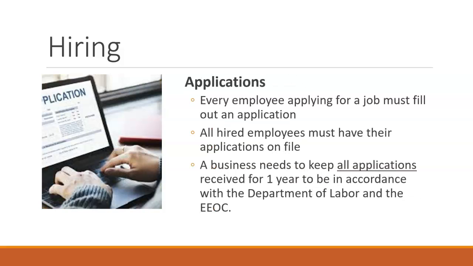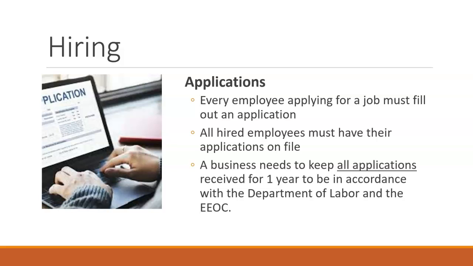Application process: every employee that comes and seeks employment in your establishment has to fill out an application. This is legal because according to the Department of Labor and the EEOC, the Equal Employment Opportunity Commission, every establishment has to hold applications on file for at least 1 year.